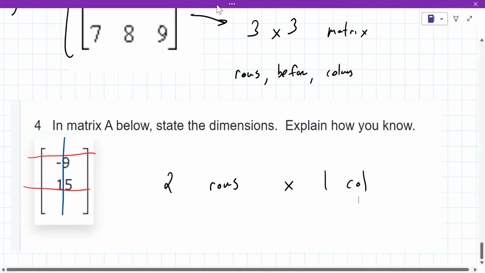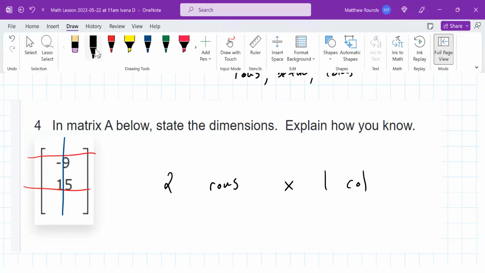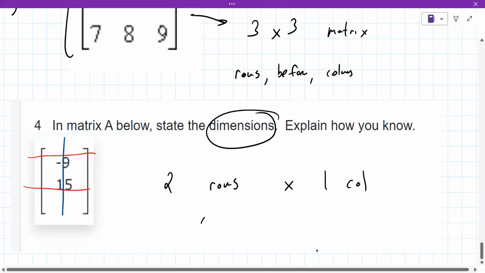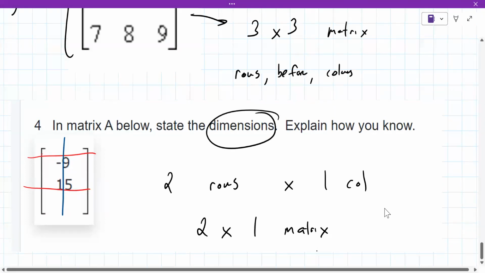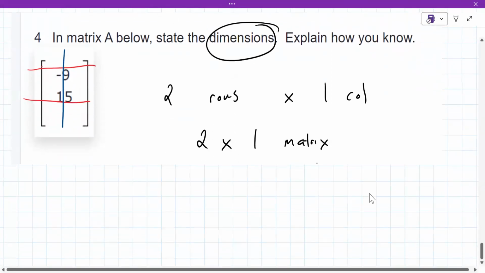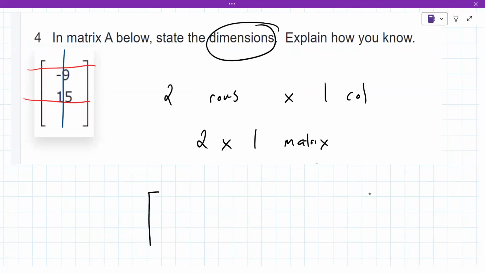All right, so let me throw one at you here just to see. State the dimensions again. It's a 2 by 1 matrix. And the explain how you know is number of rows, number of columns. So let me throw a matrix at you.